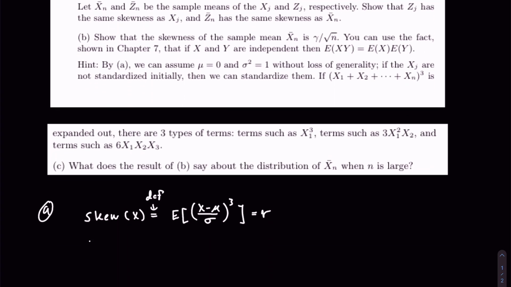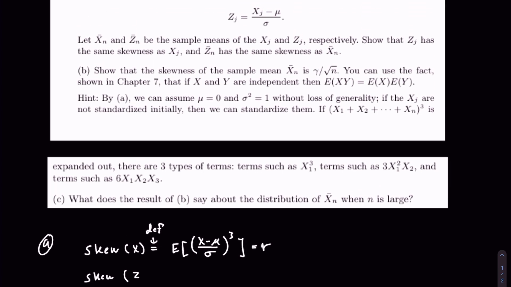Let's see what the skewness of the standardized z is. Well, I'm being a little sloppy here, which is that technically we should write j's here because we're doing this for all j's. Okay.